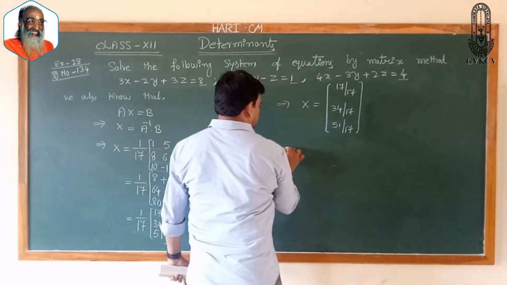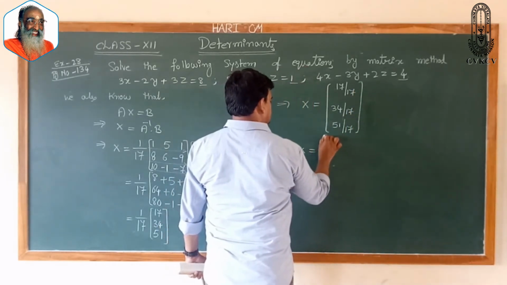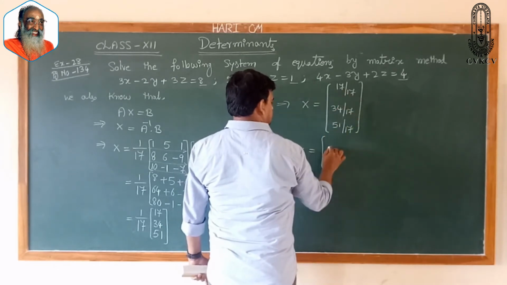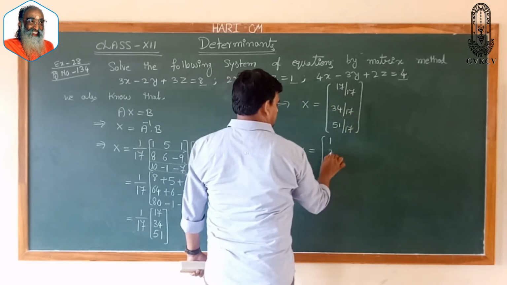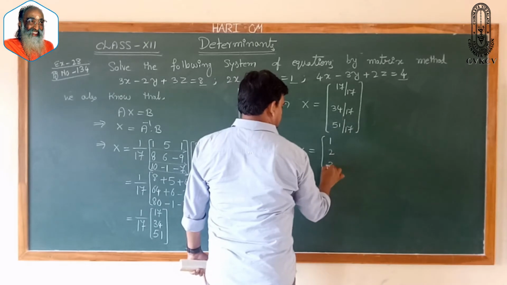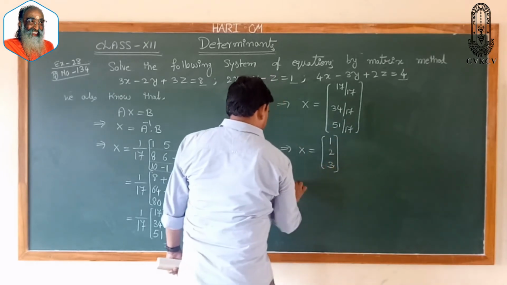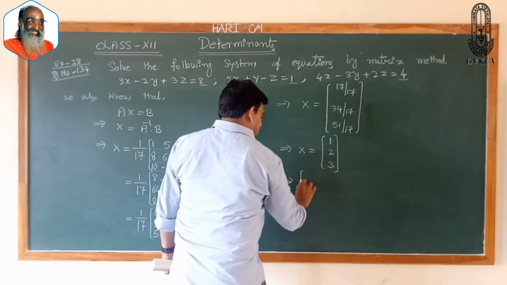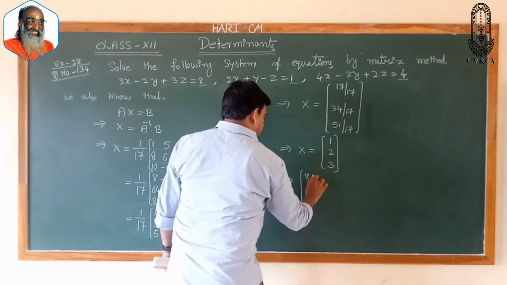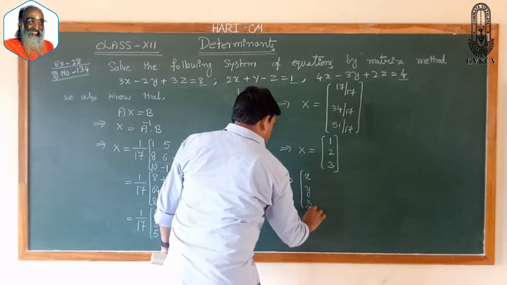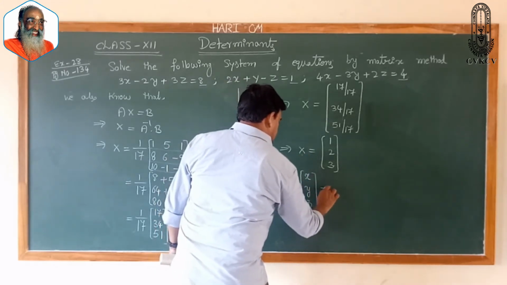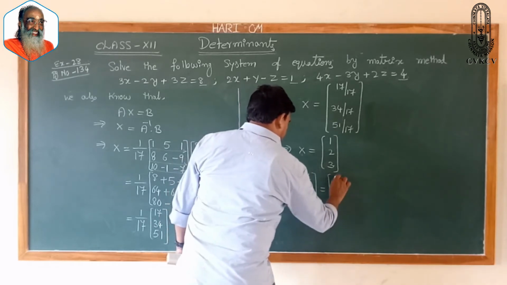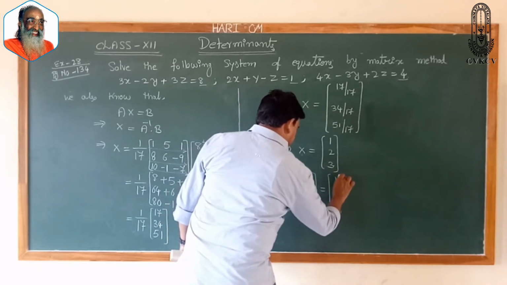While simplifying the values, we have 17 by 17 is 1, 34 by 17 is 2, 51 by 17 is 3. Now what is the x here? X indicates the variable matrix. So x, y, z is equal to 1, 2, 3.